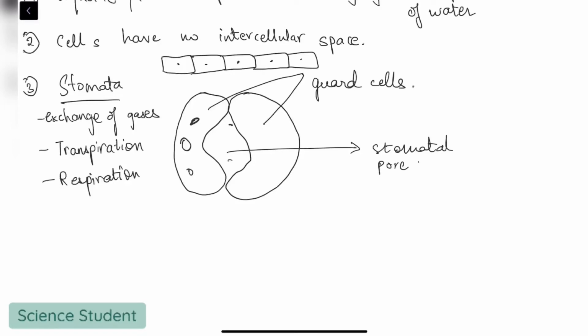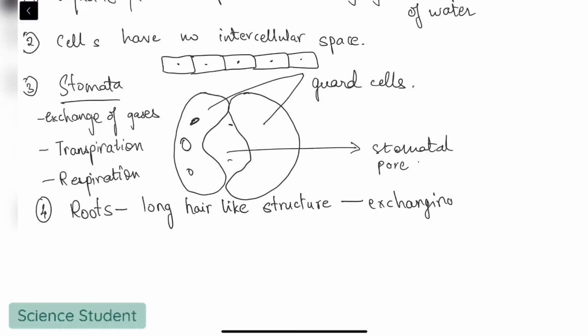Now epidermal cells in roots are a little bit different than in other parts of the plant, and they have long hair-like structures which help in exchanging gases, water or minerals.